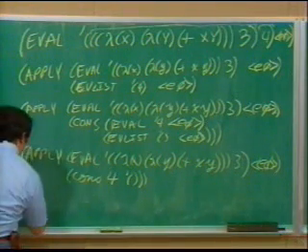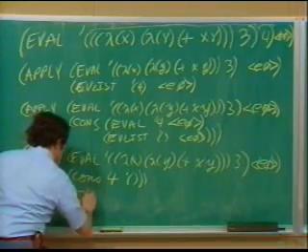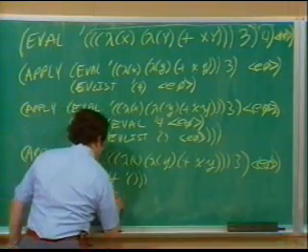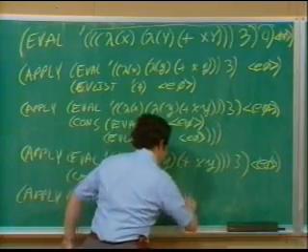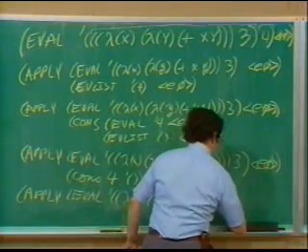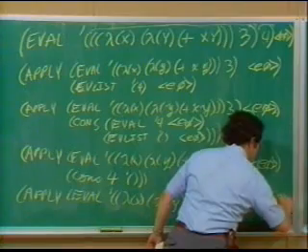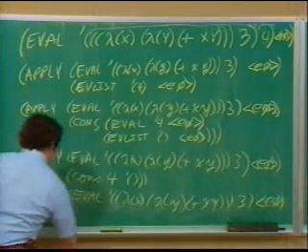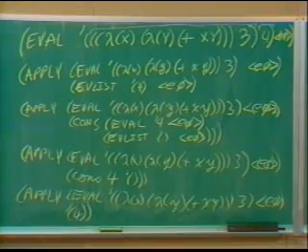So this is nothing more than apply of eval of, quote, open lambda of x, lambda of y, plus x, y, 3, applied to, well, E0 applied to the list 4. Bang. So that's that step.